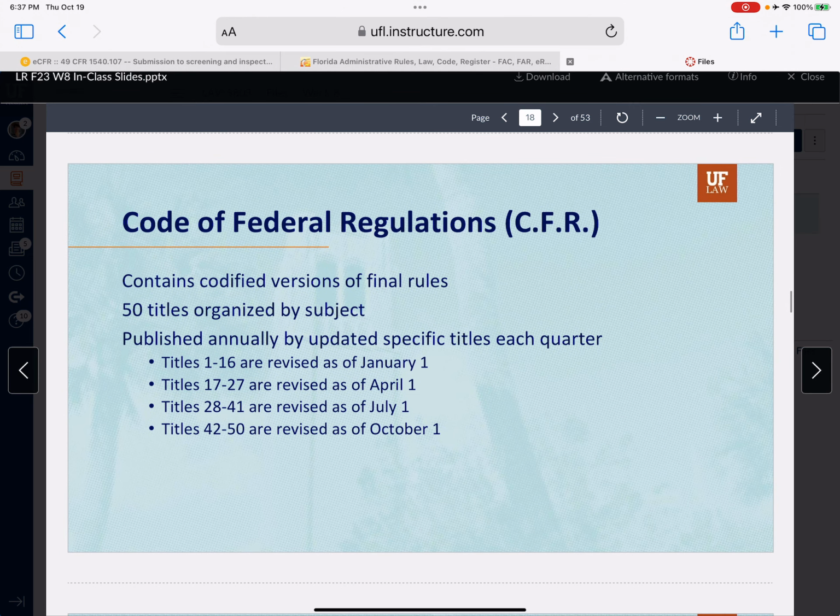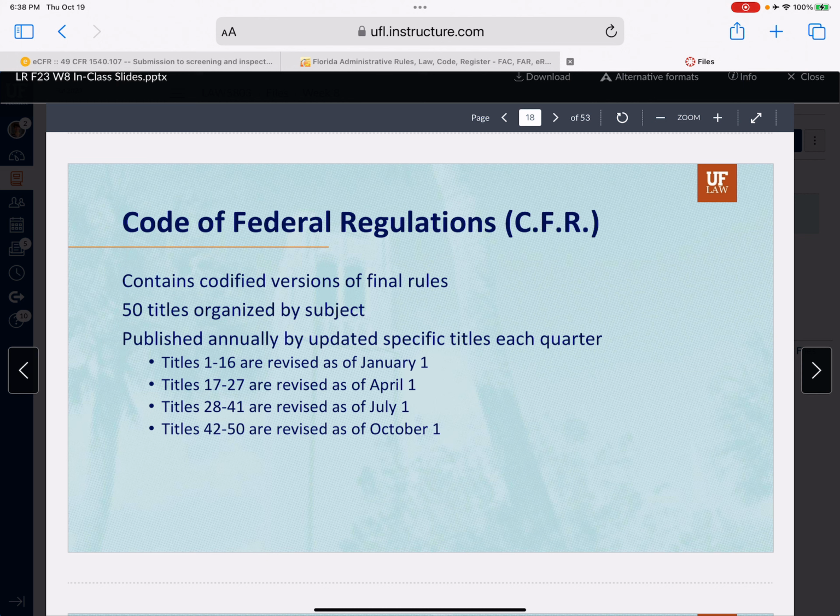The CFR. This is where the codified versions go. This is where quarterly, it's every year, but different titles are updated quarterly, as you can see on this slide here. So there are 50 titles, aka 50 different subjects in the CFR.